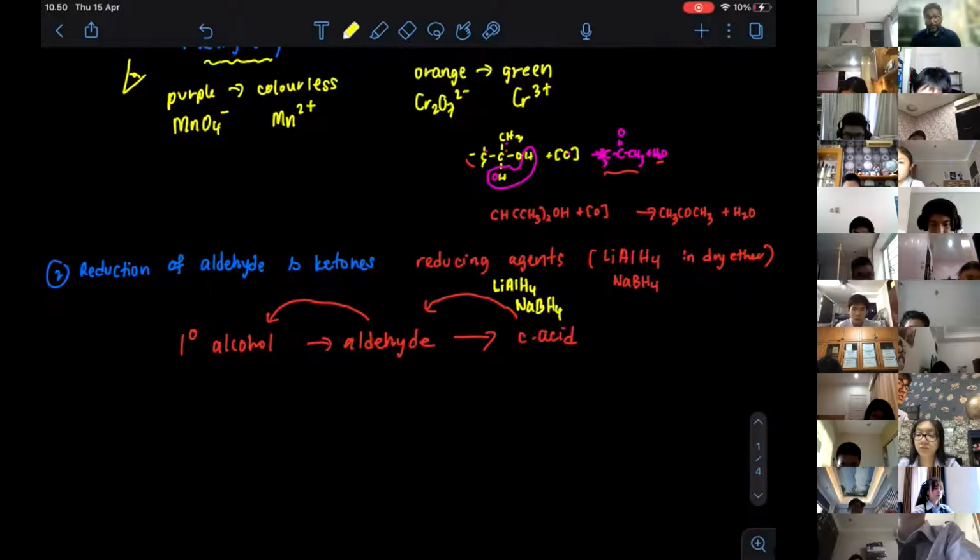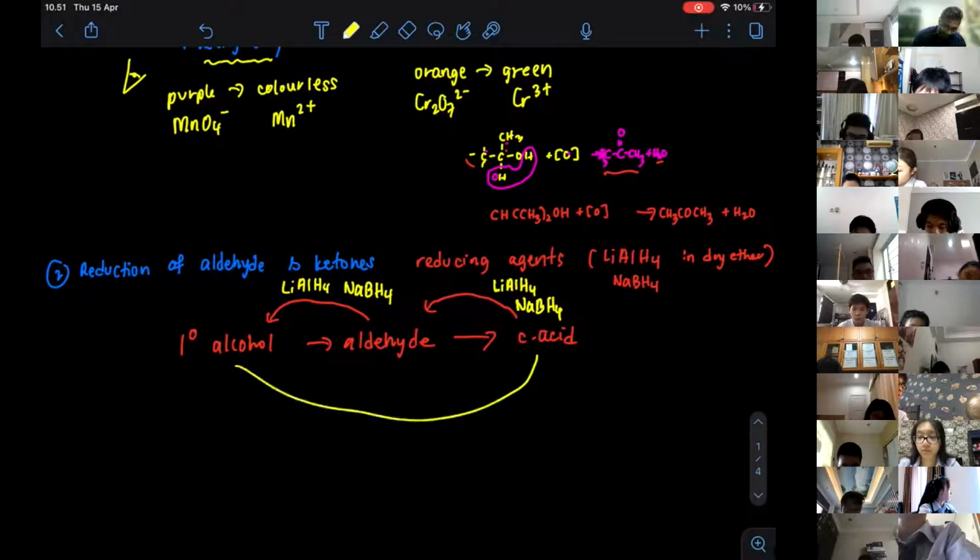If I want to change aldehyde to primary alcohol, it's the same: LiAlH4 or NaBH4, no problem. But if you want to change carboxylic acid to primary alcohol, you have to be very careful because you're bypassing aldehyde.